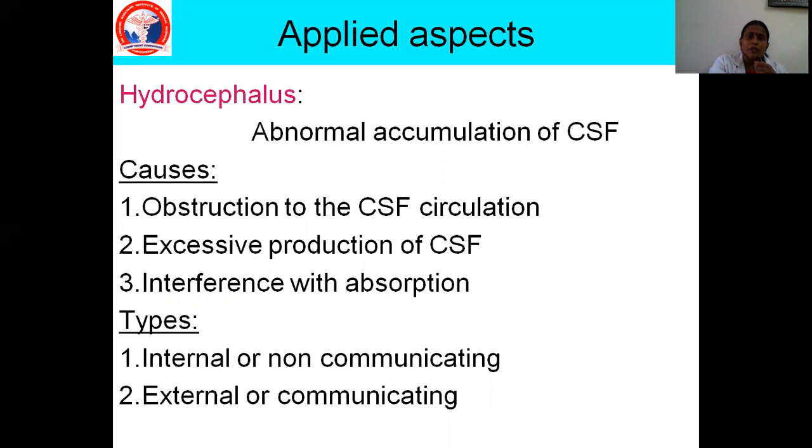So now we'll come to the applied aspects, hydrocephalus. So first one is hydrocephalus. It is abnormal accumulation of cerebrospinal fluid in the cranium.